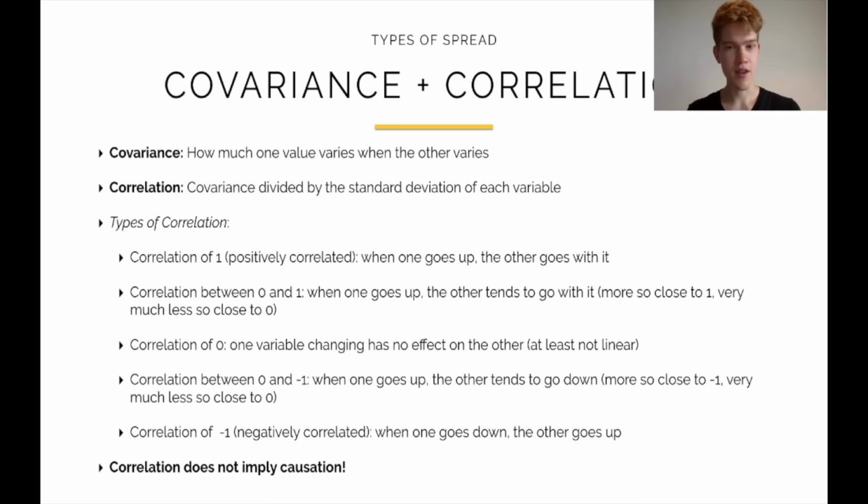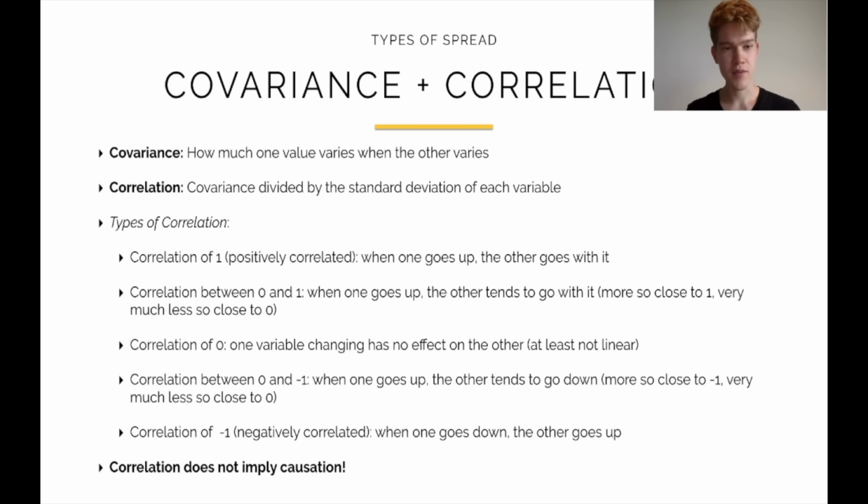Even though they may be correlated, me drinking coffee does not cause it to be sunny. That's just by chance. It's just because it happens every day, and by chance, this kind of correlation appears. But that does not mean that me drinking coffee results in the weather getting better.